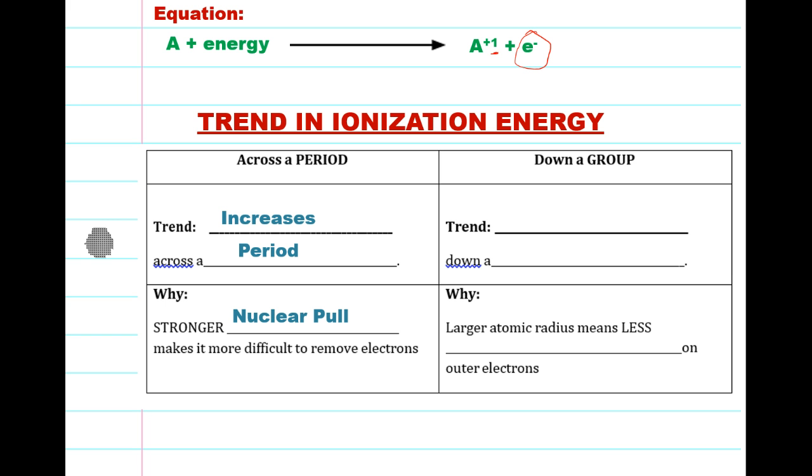Now, as we go down a group, the trend is for the ionization energy to decrease. And why is that? Because the atomic radius is getting bigger, so you have less nuclear pull, less attraction between the nucleus and the valence electrons. So it doesn't require as much energy as we go down a group.